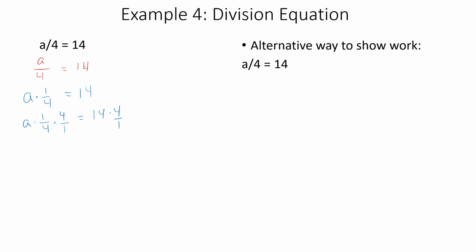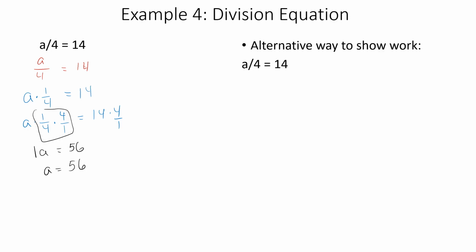You can write the over 1. And here's our property. 1/4 times 4/1 is 1, leaving us with 1a, and 14 times 4 is 56. Therefore, a is equal to 56.